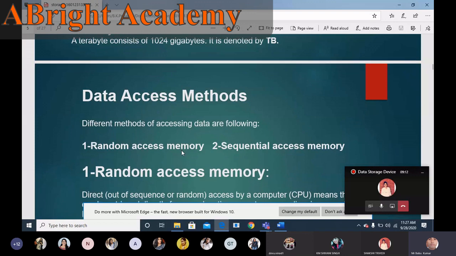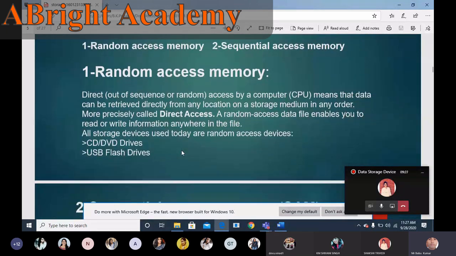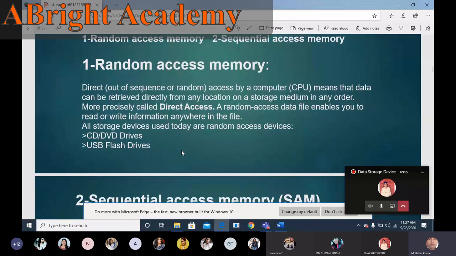Data access method. Different methods of accessing data are as follows. The first is random access memory and the second one is sequential access memory. In random access memory, direct or random access via the computer CPU means that data can be retrieved directly from any location on the storage medium in any order, more precisely called direct access.